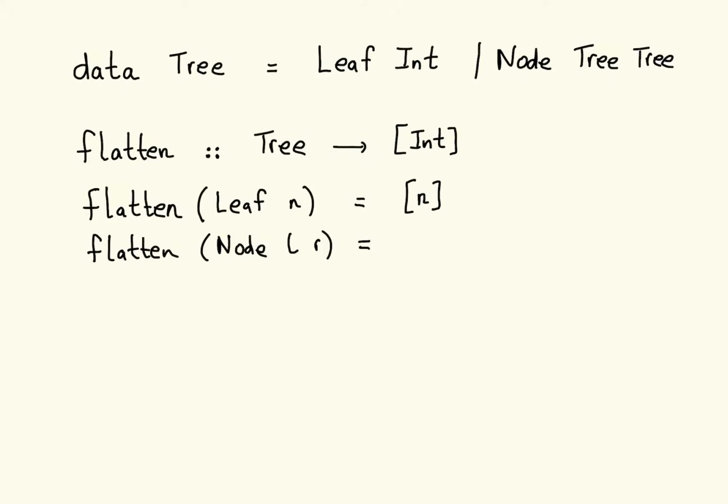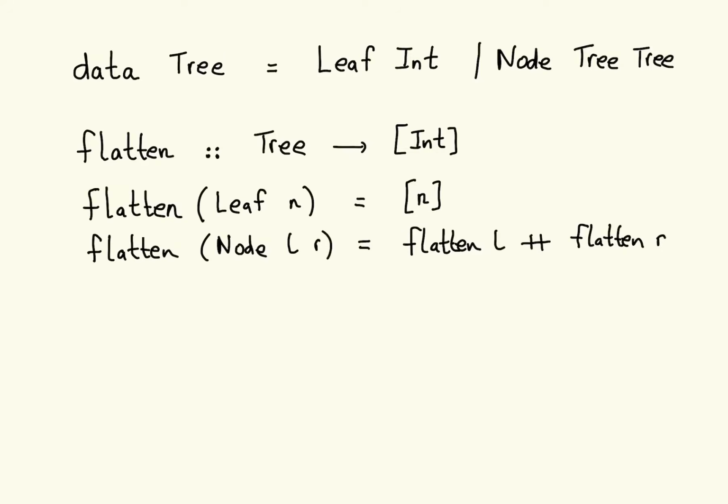And if we're flattening a node, all we're going to do is the obvious recursive thing. We're going to flatten the left subtree, and that will give us a list. And then we're going to flatten the right subtree recursively, and that will give us a list. And now we've got two lists, and then we can use the append operator to join these two lists together.